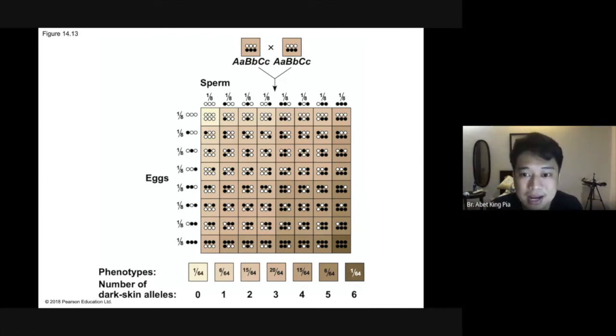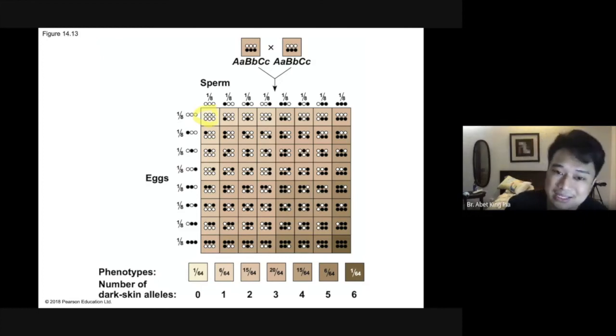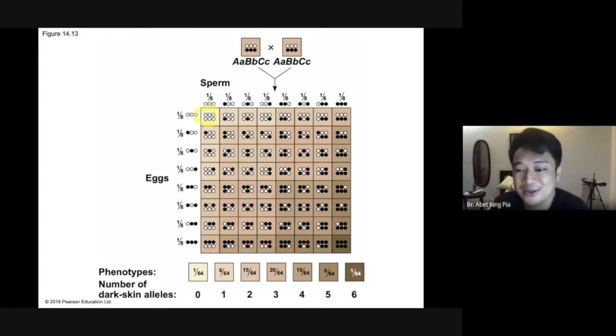Pag mas marami kang dots na black, ibig sabihin, mas darker yung skin mo or yung phenotype mo for a dark skin. Now, pag wala, white skin ka, or you have this case na albinism. Ganito actually yung proper way of discussion natin sa skin color ng humans.